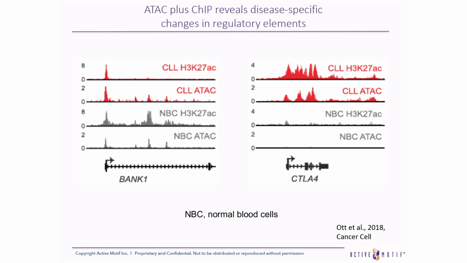However, the CTLA4 gene seems to be off in the healthy donors, but is highly expressed and on in the CLL patients, as shown by H3K27 acetylation and this open chromatin result from the ATAC-seq data. So looking at this gene CTLA4, we can assume that gene is highly expressed in CLL.